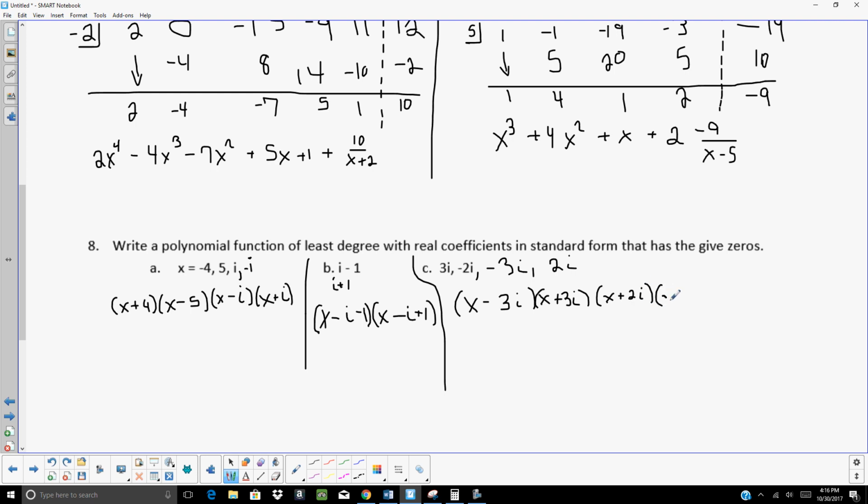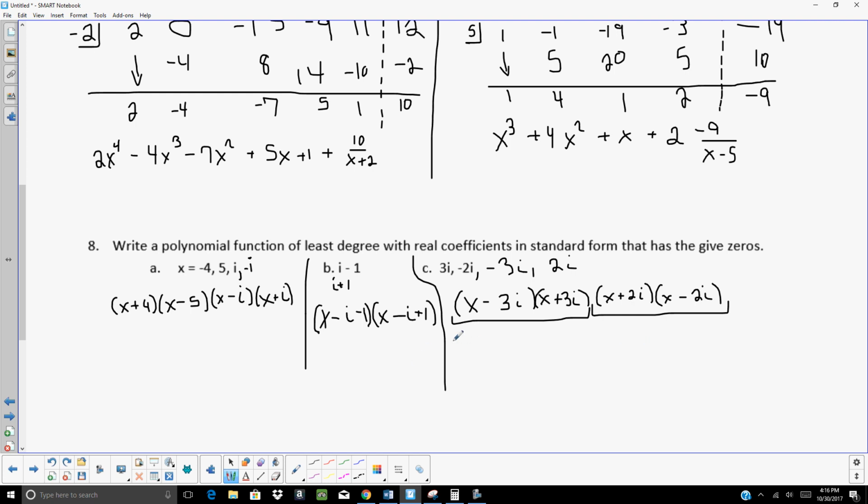And x minus 2i. I will give you the hint, and this goes for all of them. You want to multiply the conjugates together. The factors that have conjugates, multiply those together.